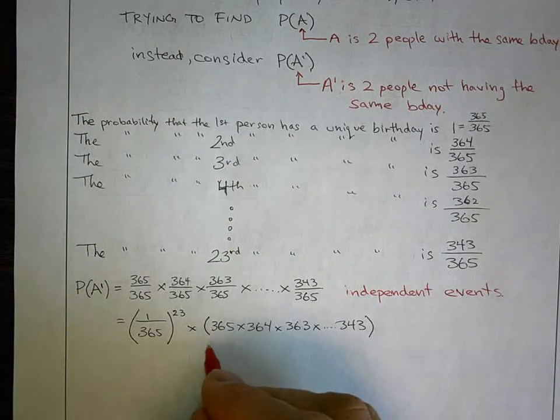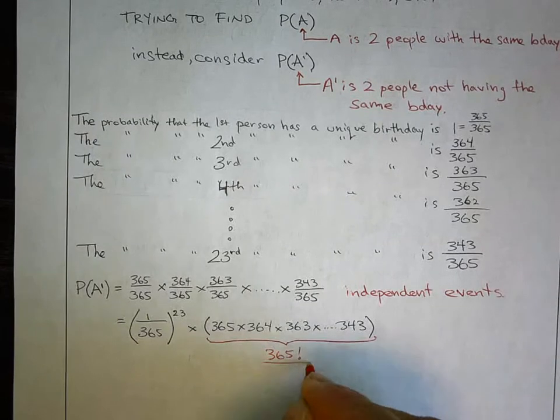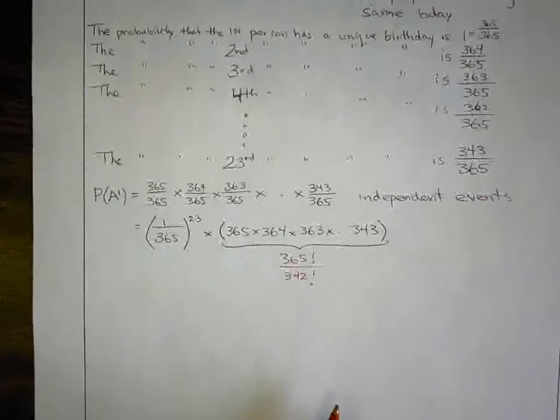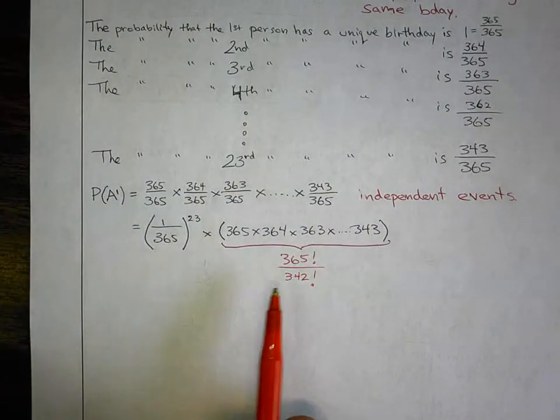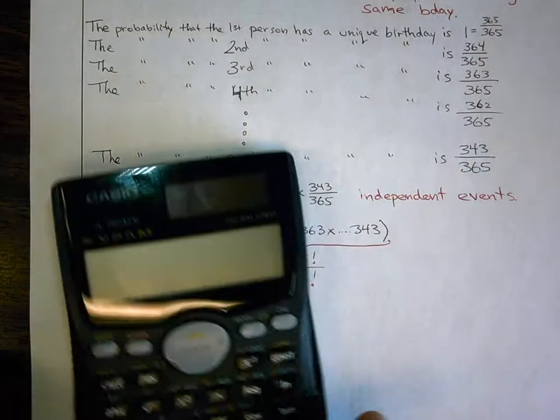This is actually 365 factorial over 342 factorial. You could do the multiplication 23 times yourself, but there's a shortcut. You haven't learned this yet, but it's a button on your calculator. We'll teach you this in the next chapter. It's coming. Either way, you can type all these in.